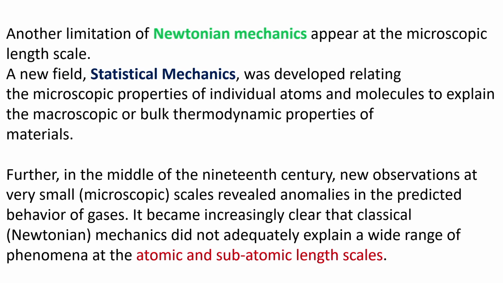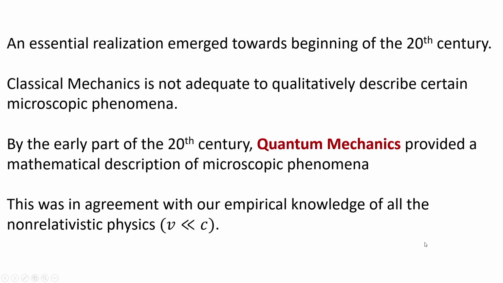This was one aspect, but there is another aspect which was even more important. In the middle of the 19th century, new observations at very small length scales, that is microscopic length scales, revealed anomalies in the predicted behavior of gases, and it became increasingly clear that the classical or Newtonian mechanics that we are familiar with did not adequately explain a wide range of phenomena at the atomic and subatomic length scales.